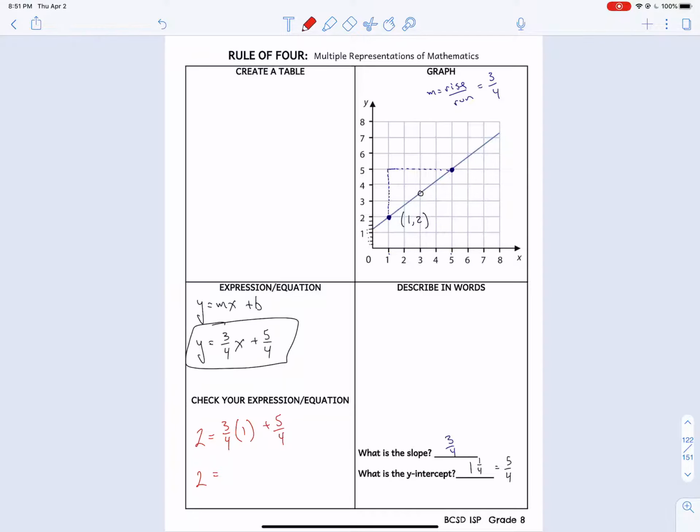Now we're just adding these fractions. We have a common denominator. The numerator is 3 plus 5. What is 3 plus 5? That's 8. So we have 2 equals 8 over 4. Is that the same as 2? Yes, it is. 8 over 4 is 2. So our equation is correct.